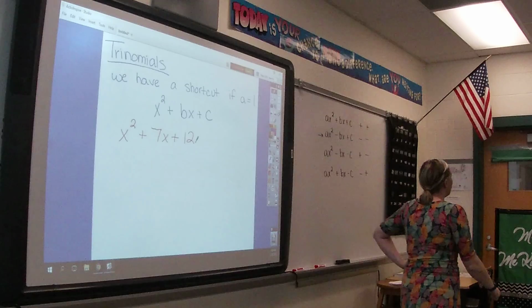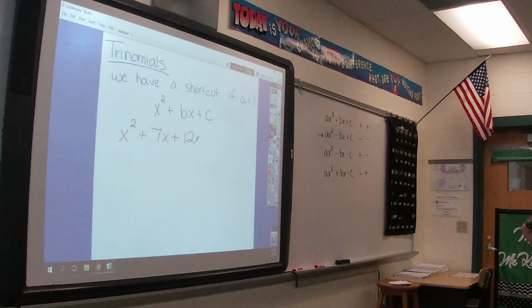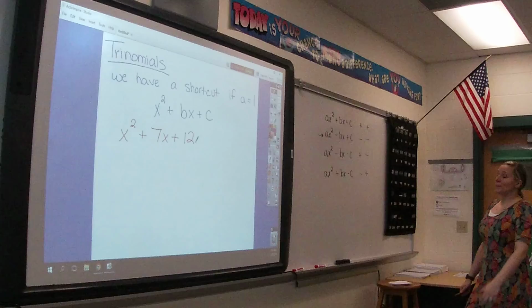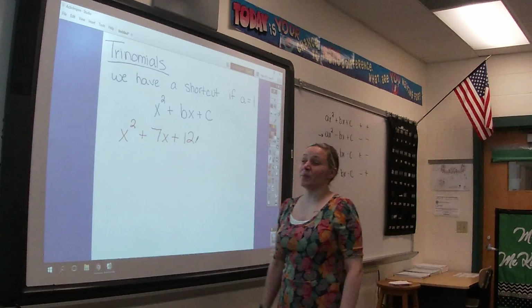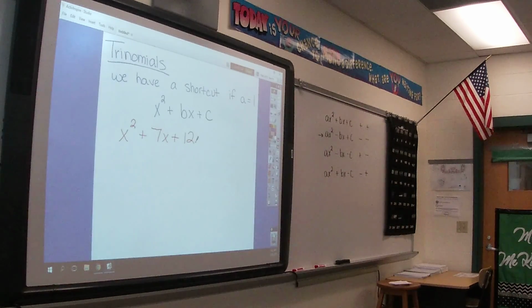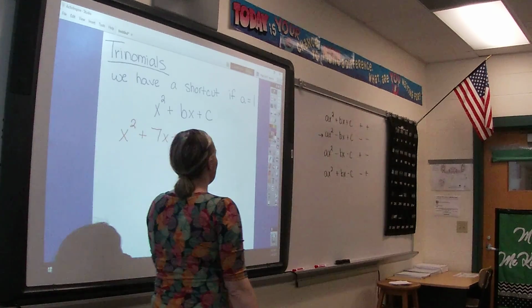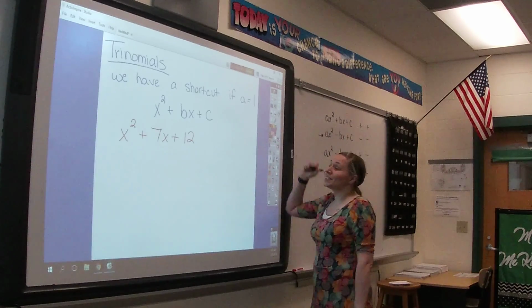So let's say we want to factor x squared plus 7x plus 12. Bad news is we can't get away from this start where we have to multiply a times c and look for our set. That does not change. The annoying, tedious part does not go away. So our first step is still the same.